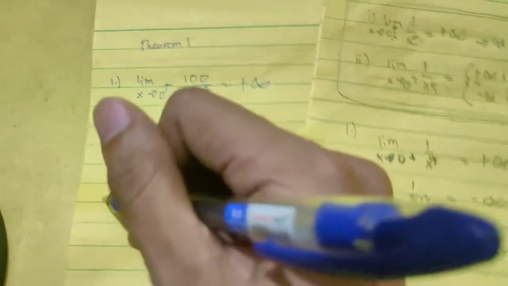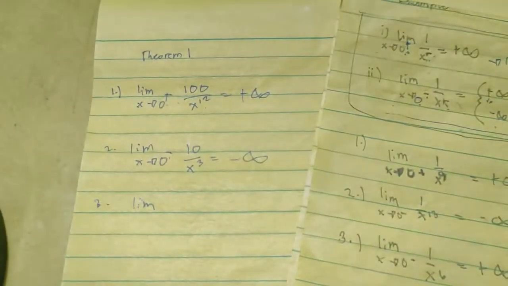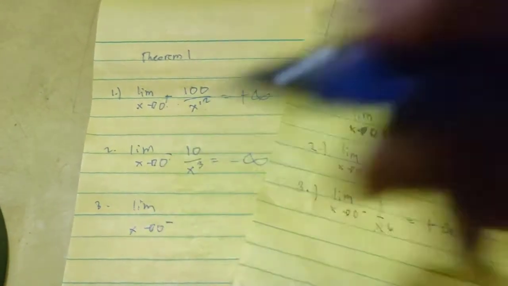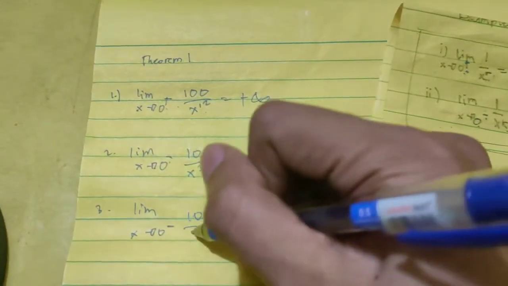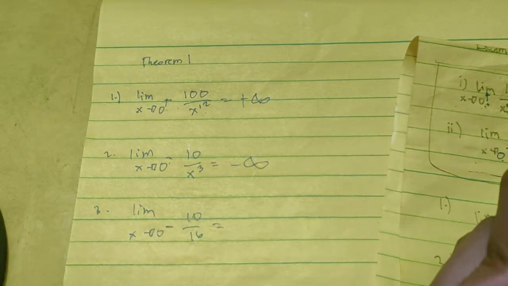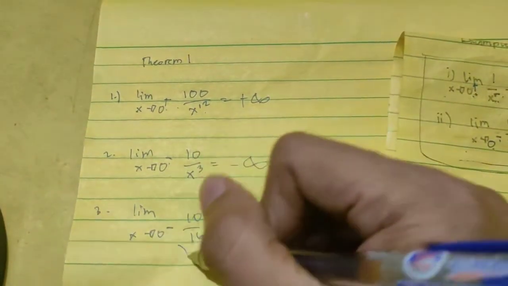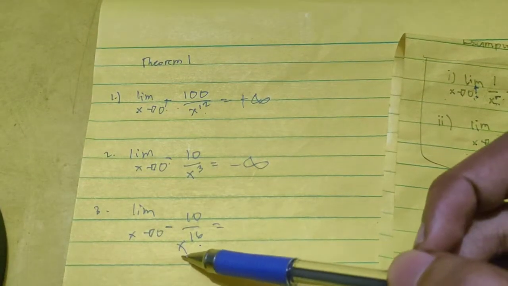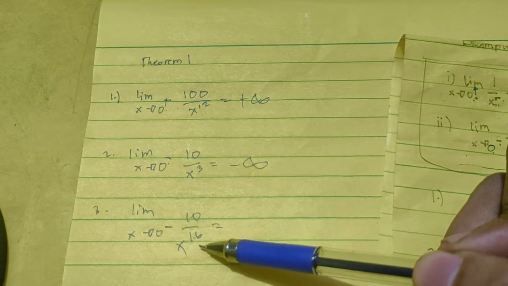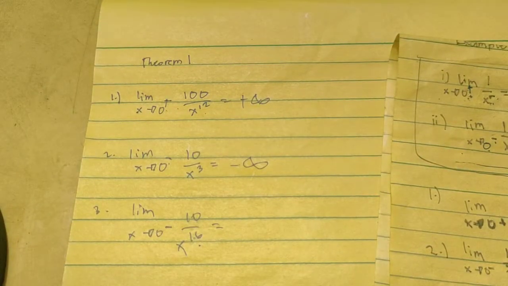Now let's proceed to example number 3. The limit x approaches to 0 to the left is 10 over x raised to the power of 16. So our integer, our r, is even.